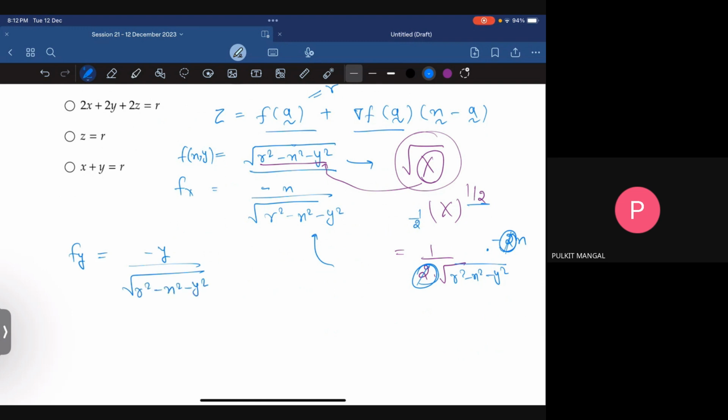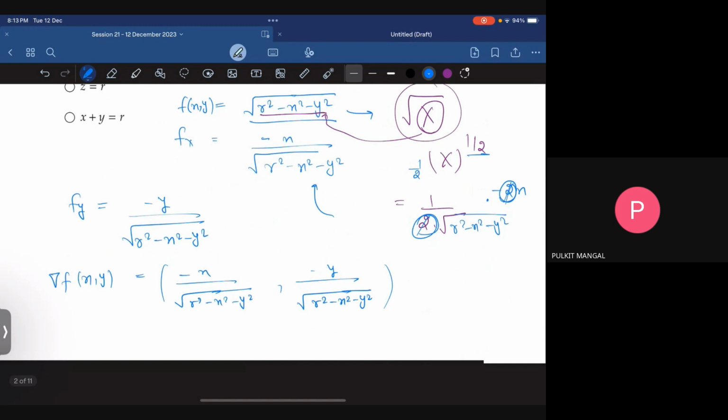So now the gradient of f(x, y) was negative x upon under root r square minus x square minus y square, comma negative y upon under root r square minus x square minus y square.